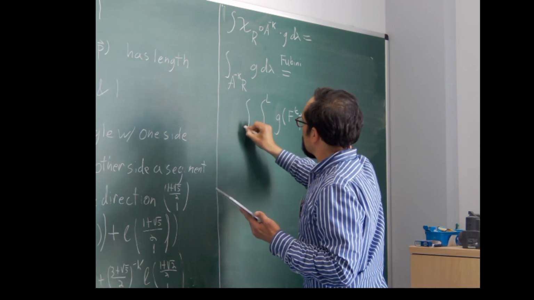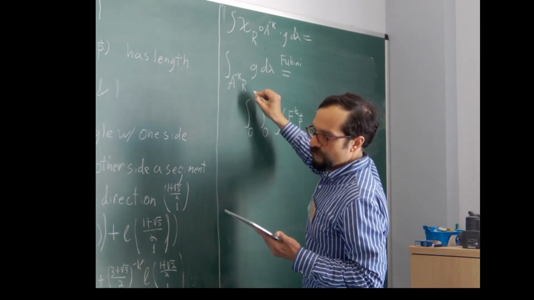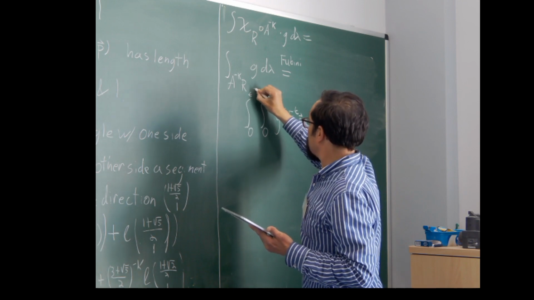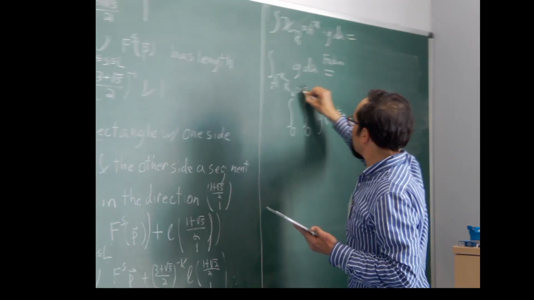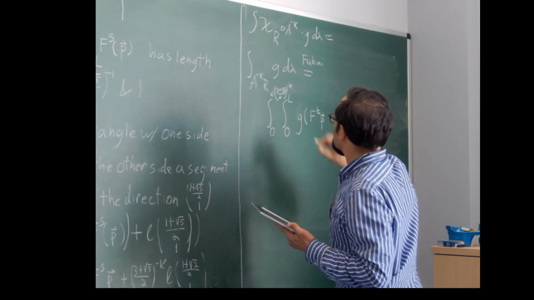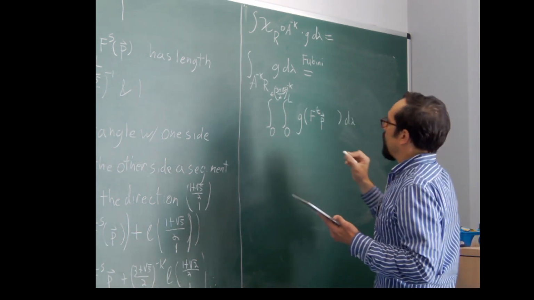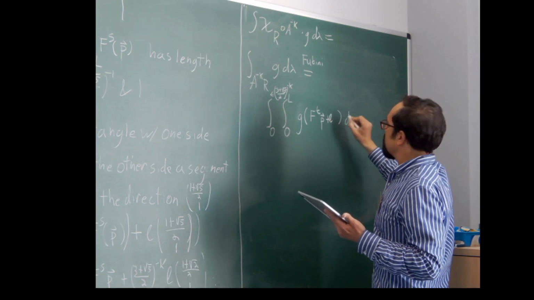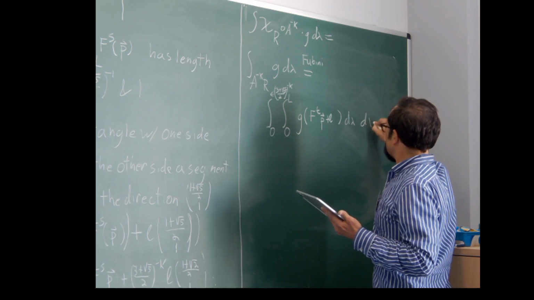I'm going to take the integral from 0 to epsilon times 3 plus the square root of 5 over 2 to the minus k of plus L dl.